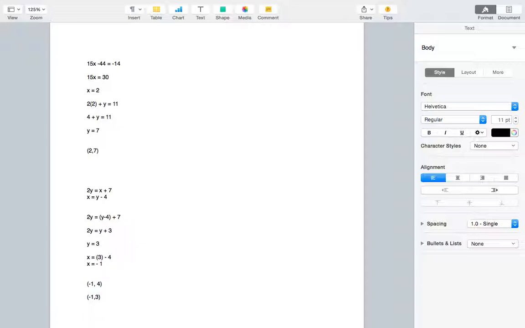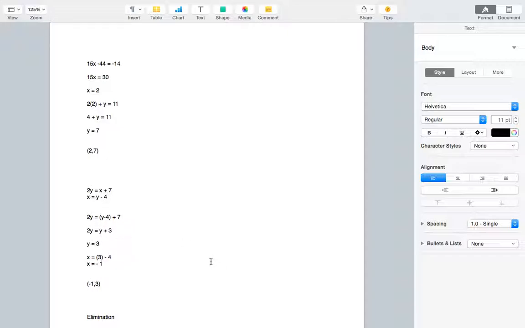Yeah, disregard that. Sorry, I do my best to make sure that I reduce error, but you know, I'm human, I make mistakes. So disregard that stuff. Y equals 3, x equals -1. (-1, 3).